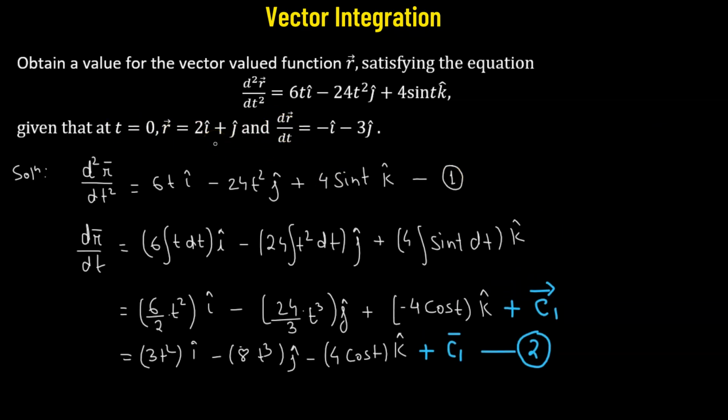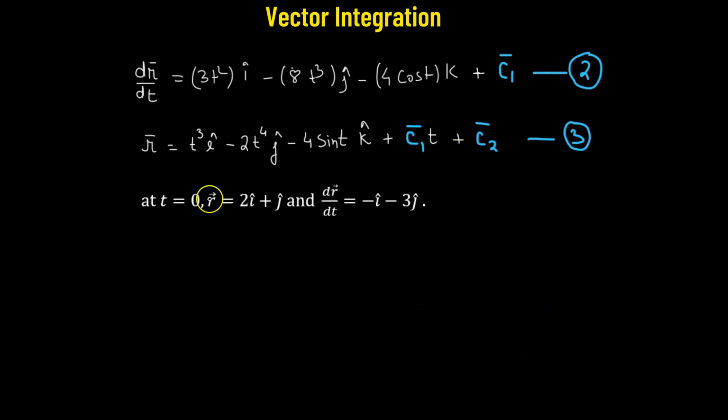So let's use them, starting with equation number 2. Here we have the first derivative of vector r with respect to t calculated at t equals 0, which is given as negative i cap minus 3j cap.